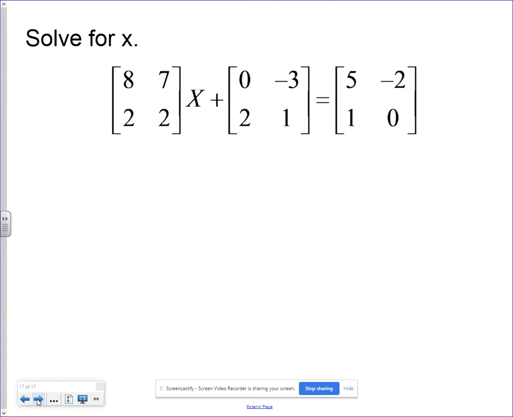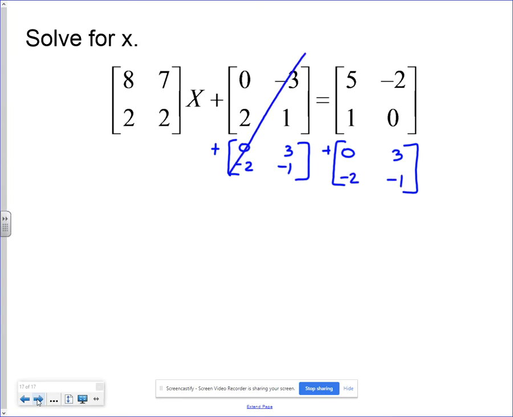Okay, so step 1. Let's add the additive inverse. So that'll be 0, 3, negative 2, negative 1 added to both sides of my equation. Let's mark out.